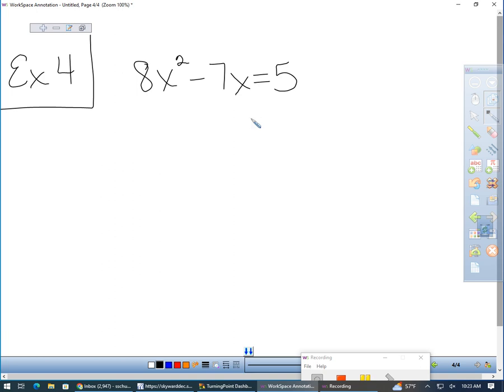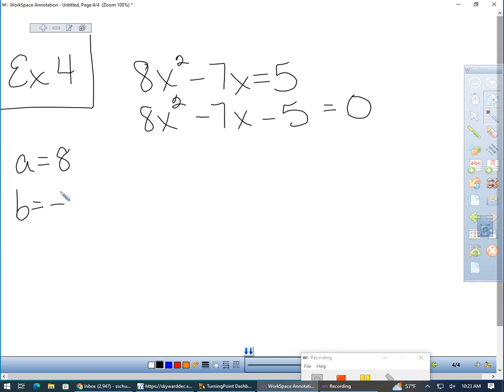What do you guys want to do first? Good. So we have 8x squared minus 7x minus 5 equals 0. The a value is 8. B equals negative 7 and C equals negative 5. Good.